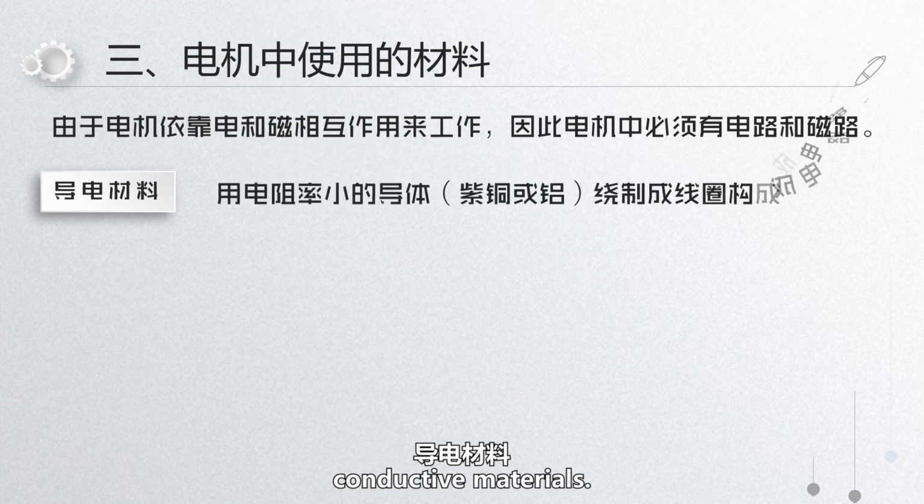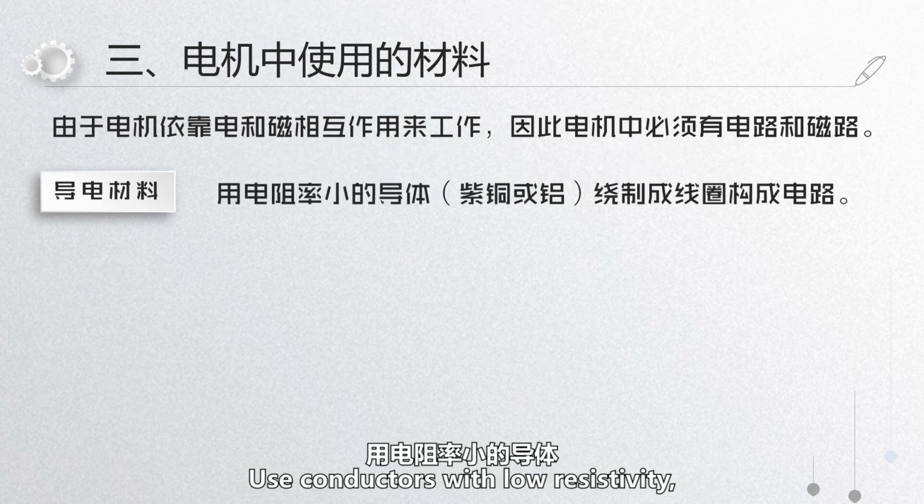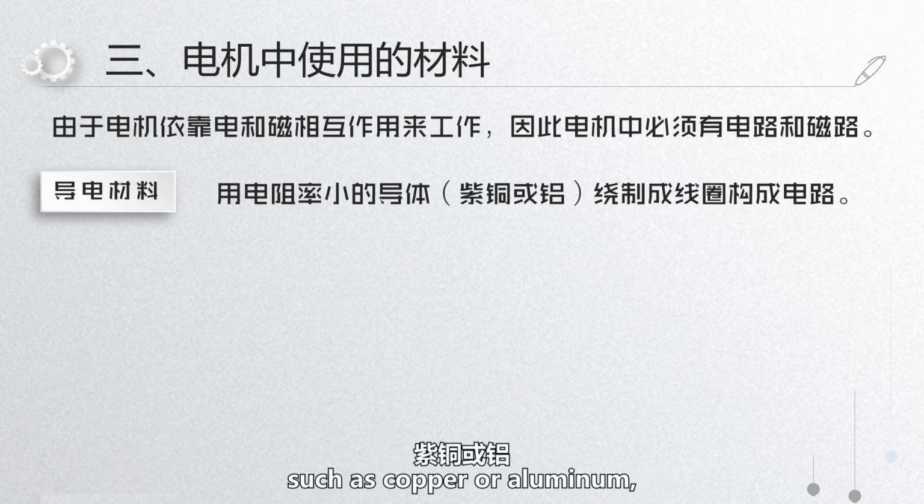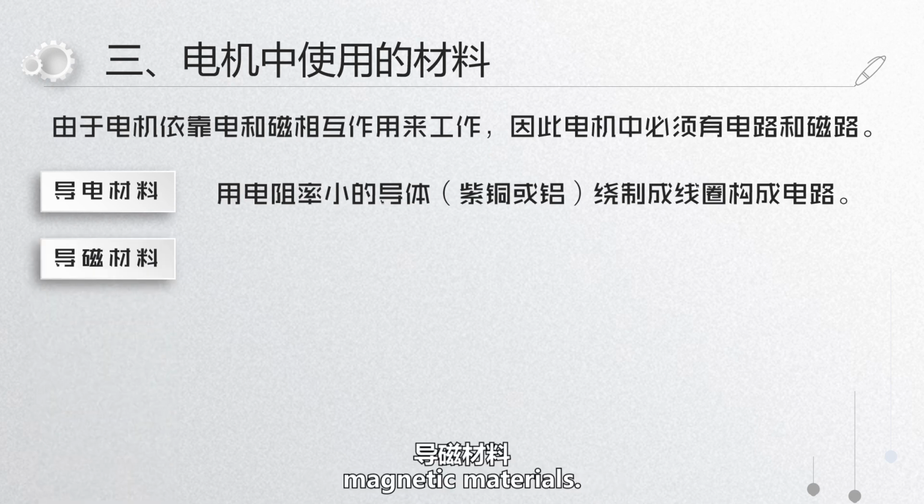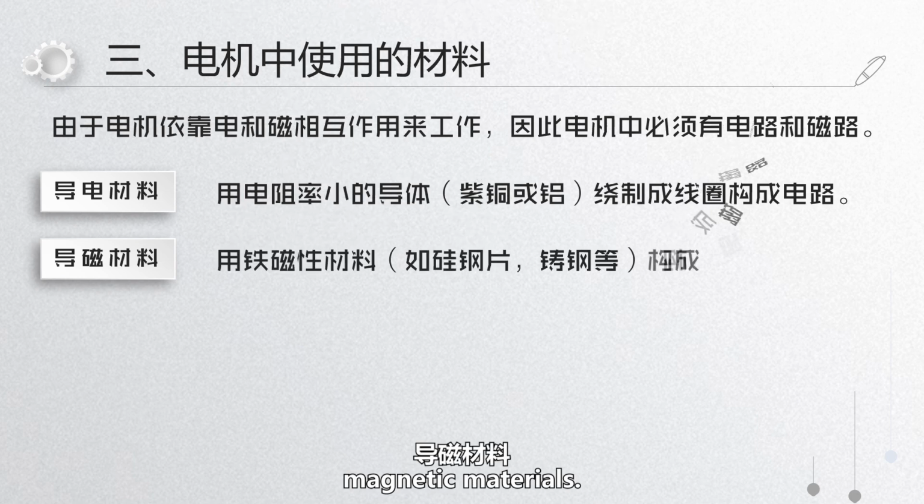Conductive materials. Use conductors with low resistivity, such as copper and aluminum, to wind coils and form electrical circuits. 2. Magnetic materials.